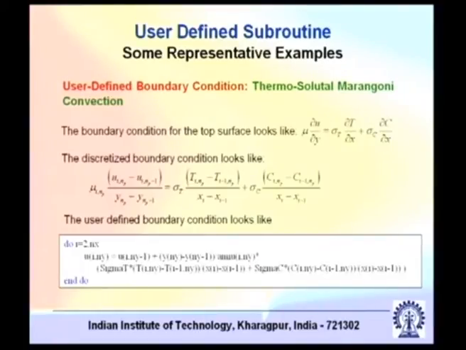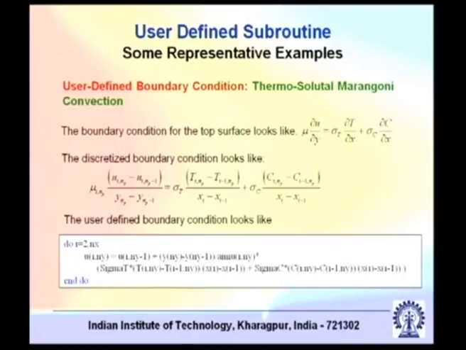Now you may have a temperature gradient on the surface of the liquid, and for most liquids the surface tension is a strong function of temperature. So if you have a gradient of temperature, it induces a gradient in surface tension, and because of the gradient of surface tension it can induce an interfacial flow which we call Marangoni flow.